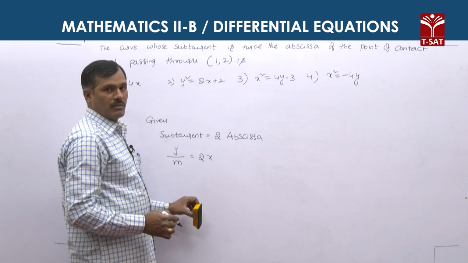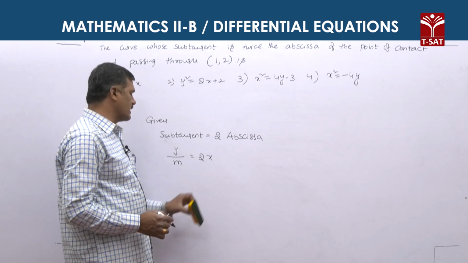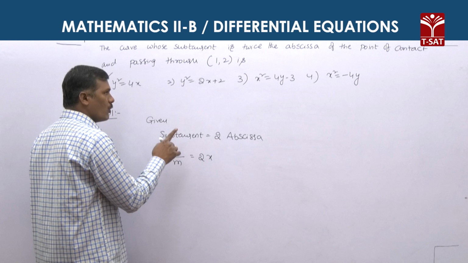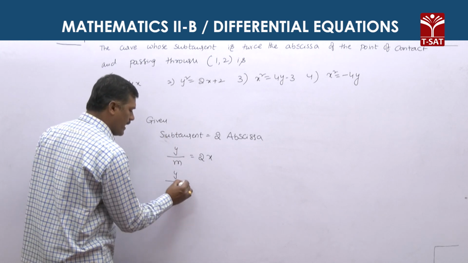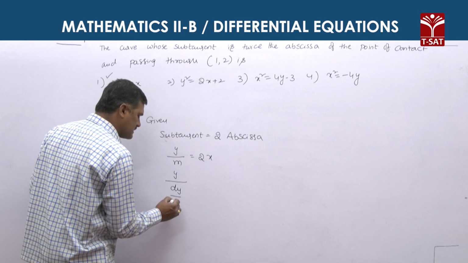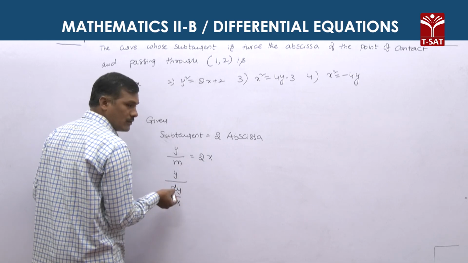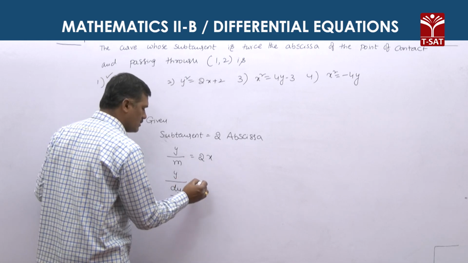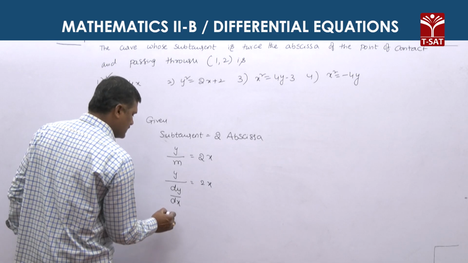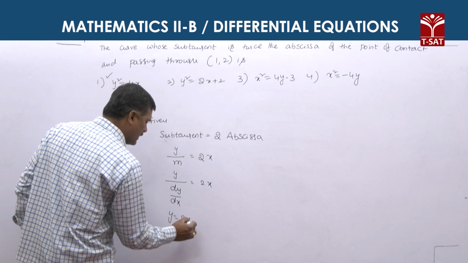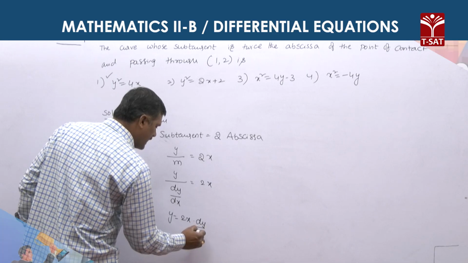X coordinate is nothing but abscissa, y coordinate is nothing but ordinate, where m is the slope of the tangent. Slope of the tangent is dy by dx, that's why y by dy by dx, m is nothing but the slope. Y by dy by dx is equal to 2x. Therefore y is equal to 2x into dy by dx.